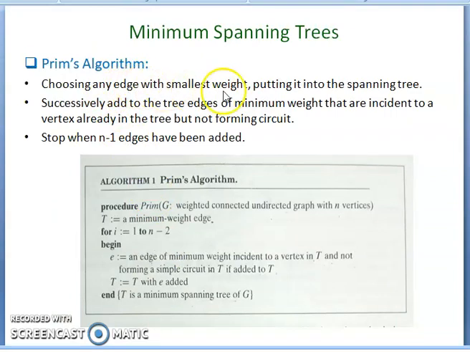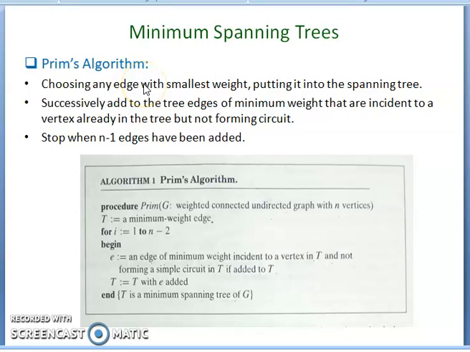Choose any edge with the smallest weight and put it into the spanning tree. Then successively add to the tree edges of minimum weight that are incident to a vertex already in the tree. For example, if you take any edge, it has two vertices.